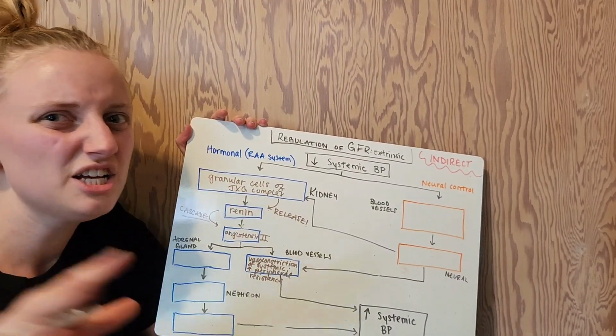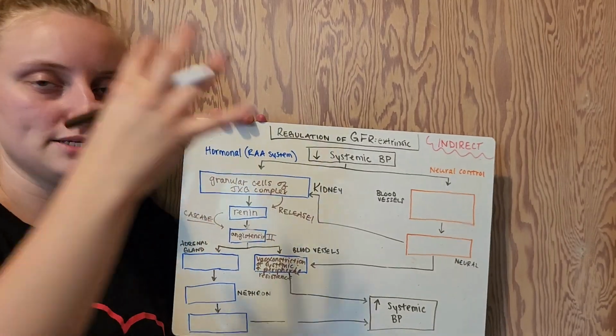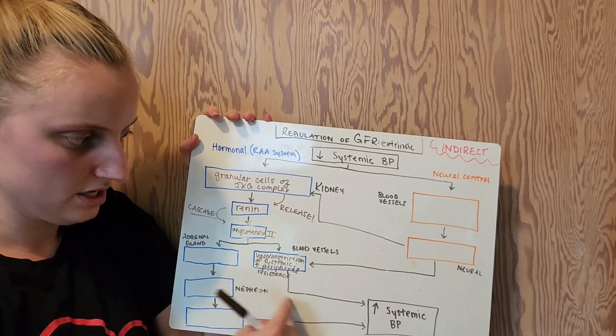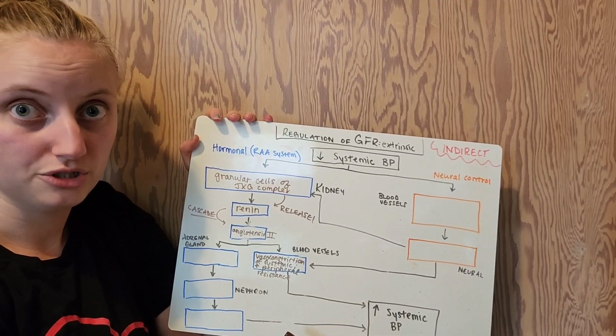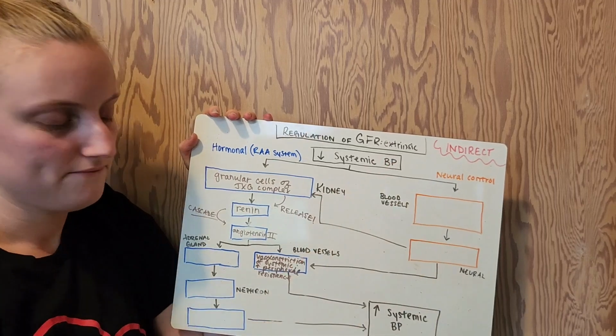So we are kind of shunting our blood, constricting to reduce blood flow to our system so then we can get more blood somewhere else. Great, so this goes to systemic blood pressure to increase it right away. That's our main goal of the extrinsic regulation.